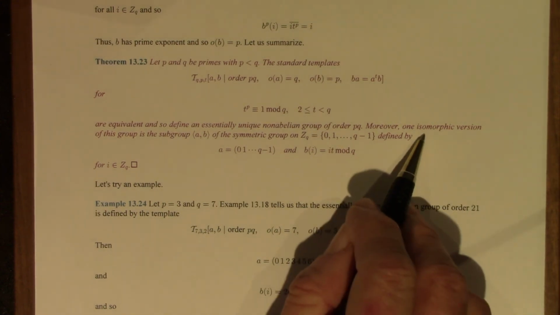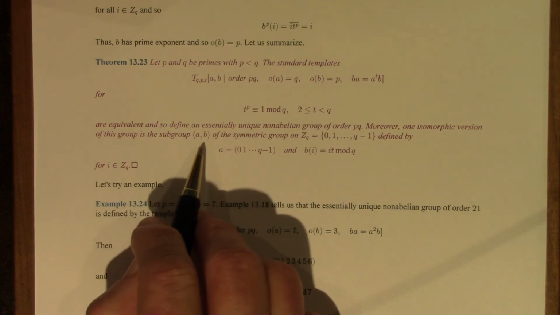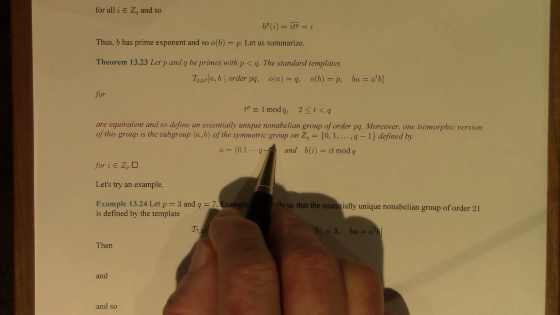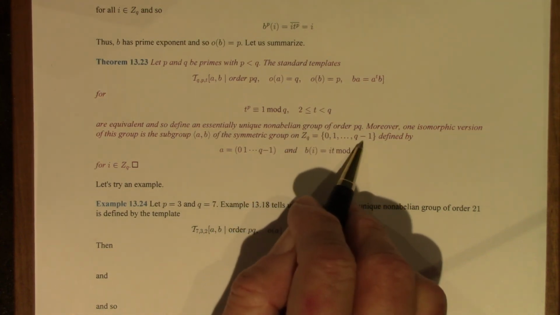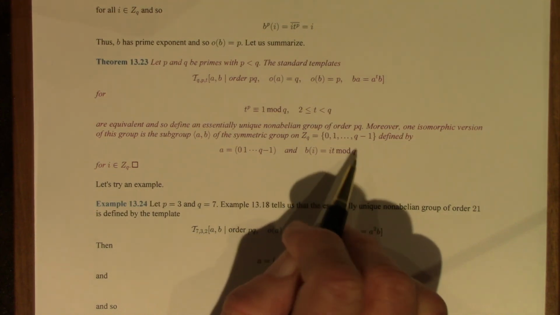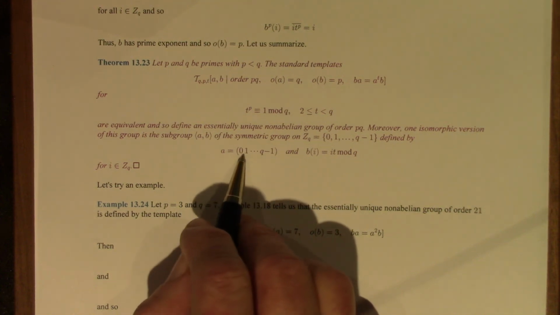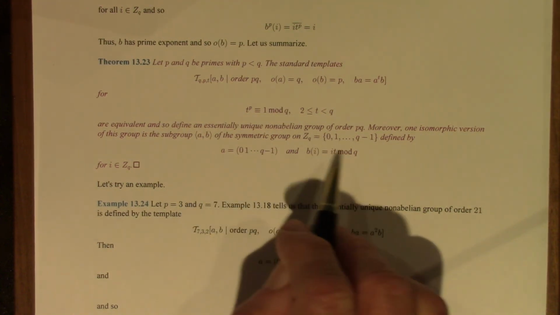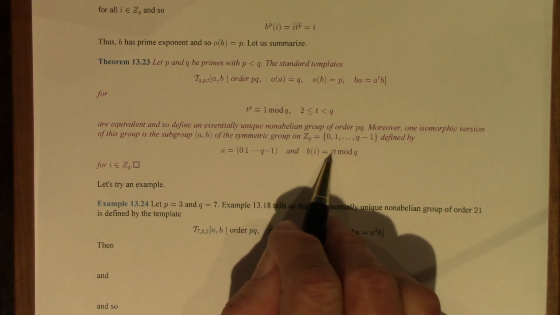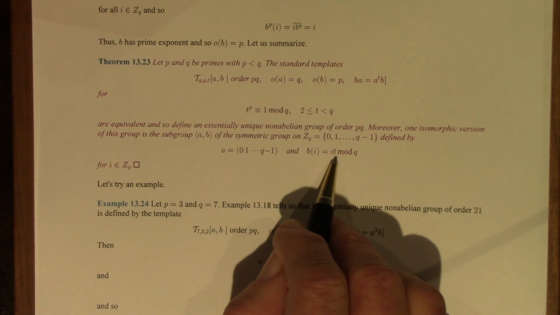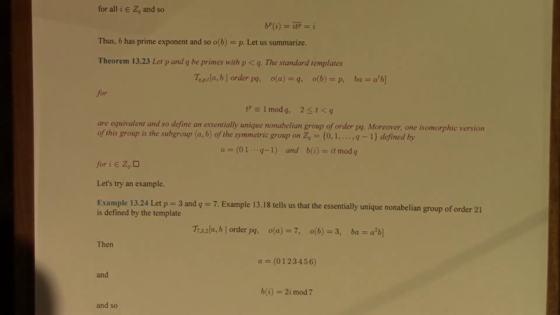Moreover, one isomorphic version of this group is the subgroup generated by two elements A and B of the symmetric group on this set, so it's isomorphic to S_Q. Defined by, here's A, it's this cycle, and B is given by B of I equals IT mod Q. Multiply by T and then reduce.